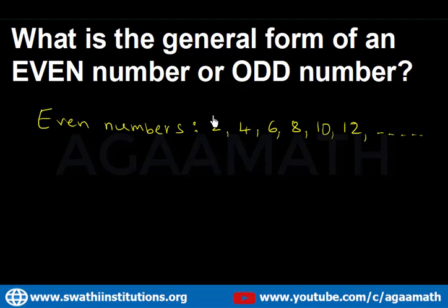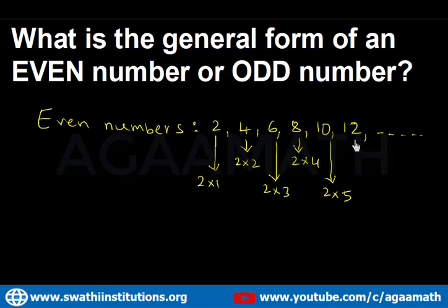If you observe these even numbers, what pattern are they framed in? 2 is nothing but 2 times 1, 4 is 2 times 2, 6 is 2 times 3, 8 is 2 times 4, 10 is 2 times 5, and 12 is 2 times 6. So what is the common thing that you observe?